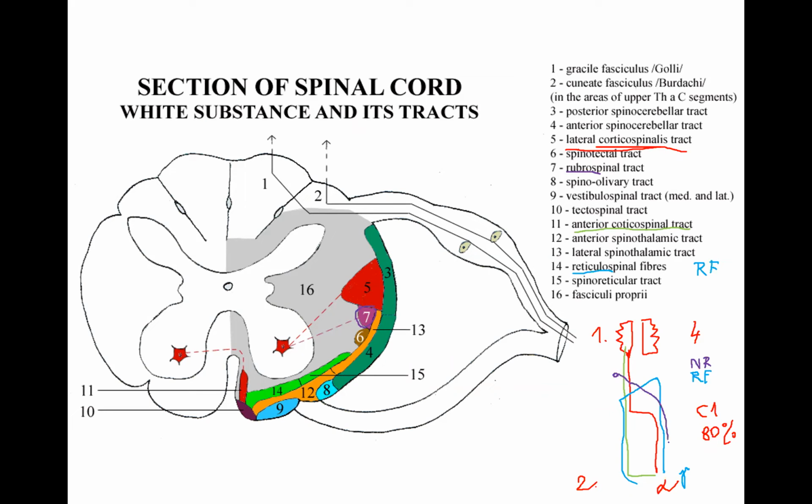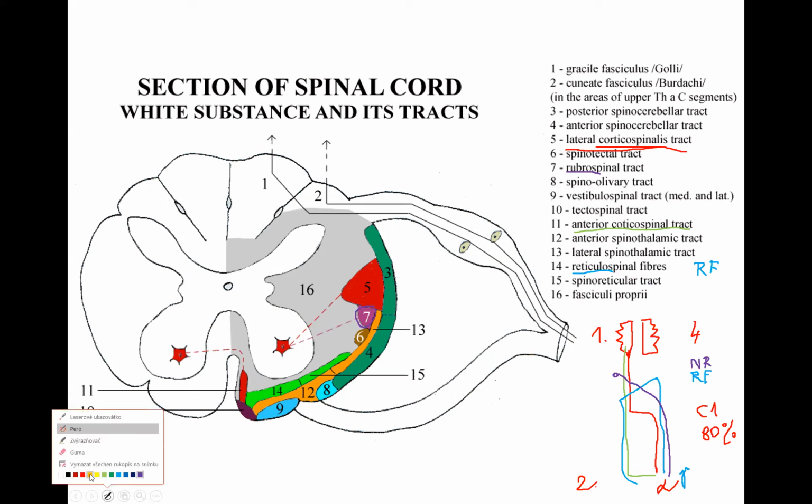Crossed and descends, and it serves for activation of the proximal muscles of the limbs. So the girdle muscles of the pectoral girdle and pelvic girdle, mainly. The corticospinal tract is mainly aimed at the distal muscles, so forearm and hands and leg and feet. So that's the rubrospinal tract.